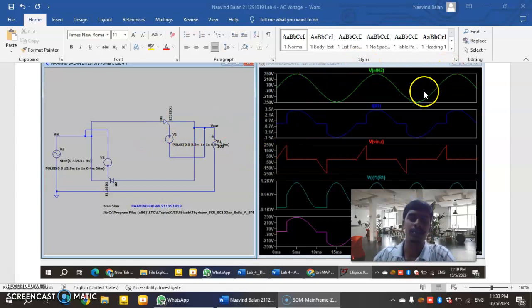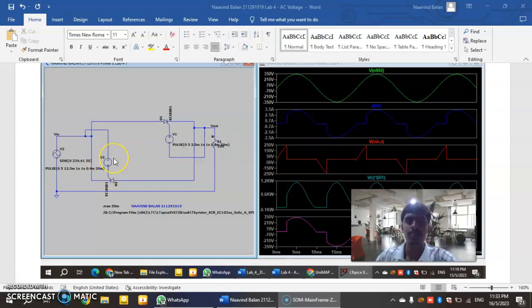So this is the input as normal, and this one is for the current flow. When the SCR gets a supply at the gate, only then will it open. It will be normal at first, and once there is a supply from the SCR source it will turn on, and the current will show as this. After that it will close and be normal again.